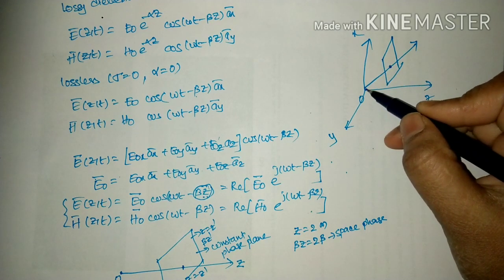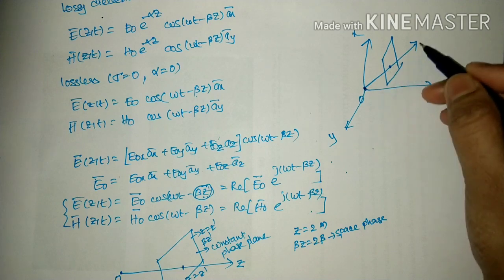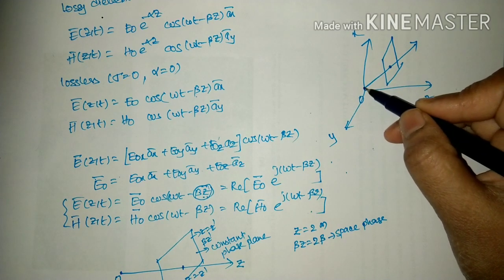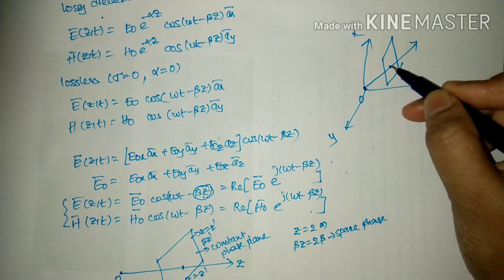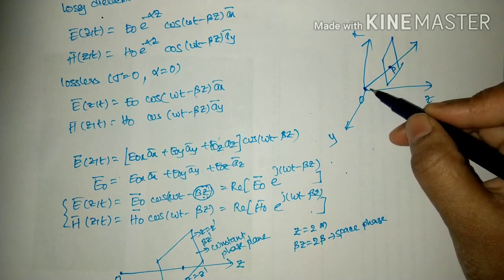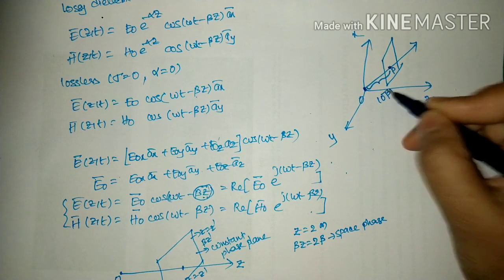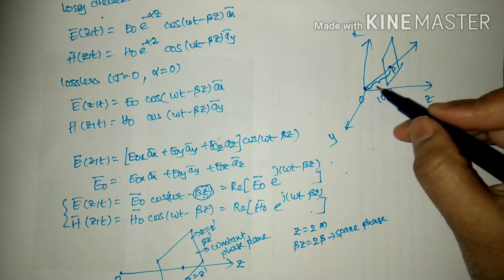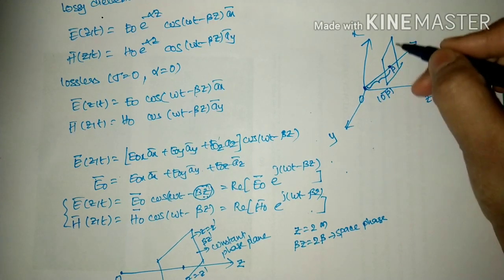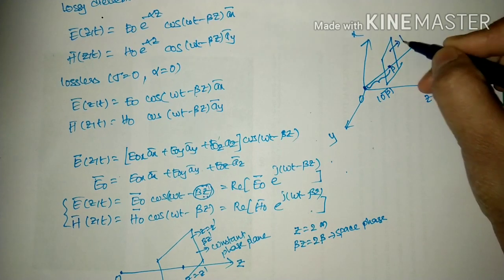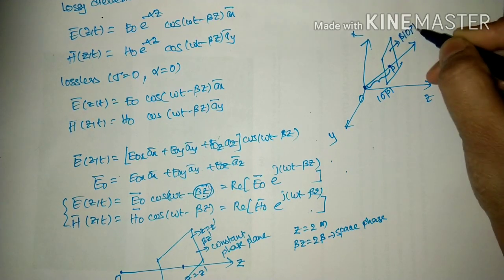The wave started propagating from O along this direction. If you know the distance the wave has traveled, let this point be P. The distance traveled by the wave is given by mod OP bar, means the phase at this location is equal to beta into mod OP bar.